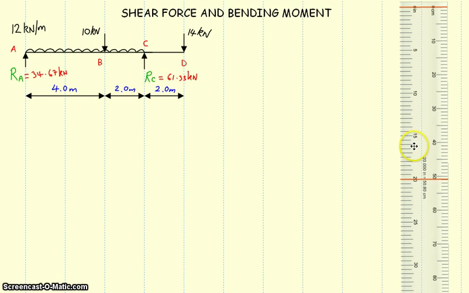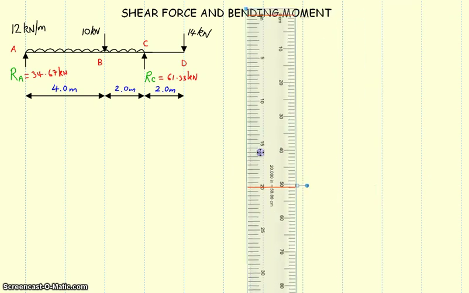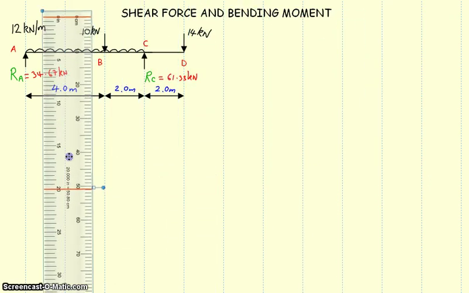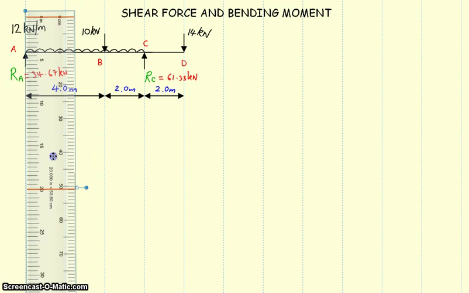So first of all, I'm just going to drag over this wee ruler because the first step that we need to do is to drop down a few construction lines at critical points on the beam.